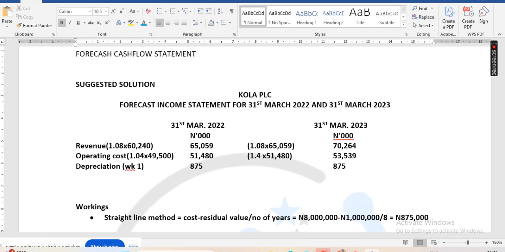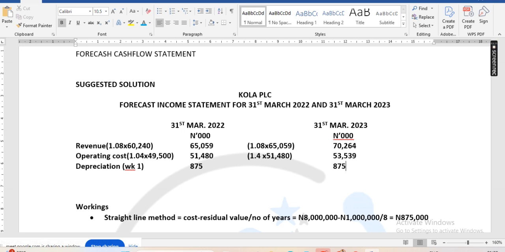So what will you do? You charge the depreciation on that asset because it is not reducing balance, it's the straight line method. The cost minus the residual value, divided by the number of years, will give you the new depreciation. Don't forget that you have the old asset before and you have the old depreciation as well. When you add these two together, you have your total depreciation for 2023.